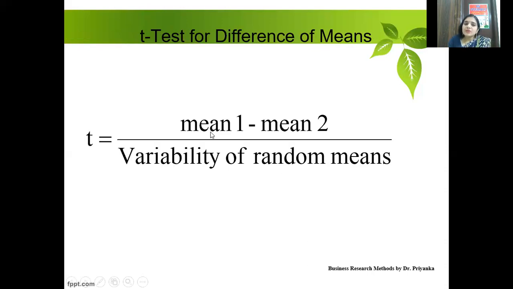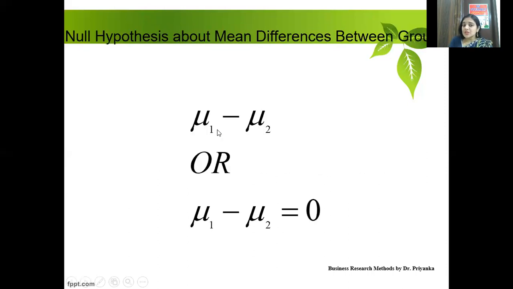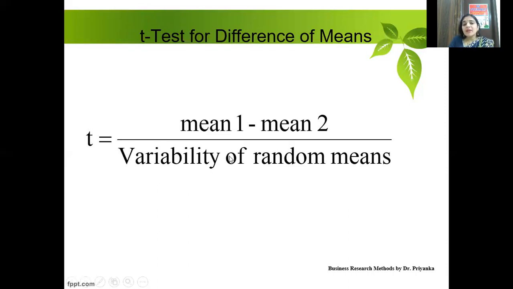This is the formula for the t-test. Basically mean 1 minus mean 2, divided by the variability of random means. If it is 0, that means you do not have any difference. But because we are generally proving our alternate hypothesis, it would have some value at least.